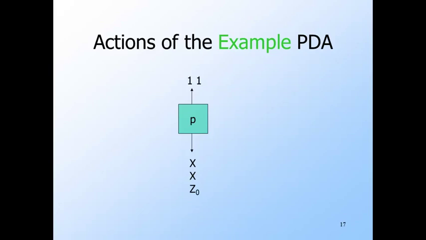We transition to state P and pop the top X. Staying in state P, we consume another 1 and pop another X. Same thing. Now all the input is gone, but we have Z0 on top of the stack, so with epsilon input we can go to state F and accept. We're done, and we accepted the input string that was consumed, 000111.